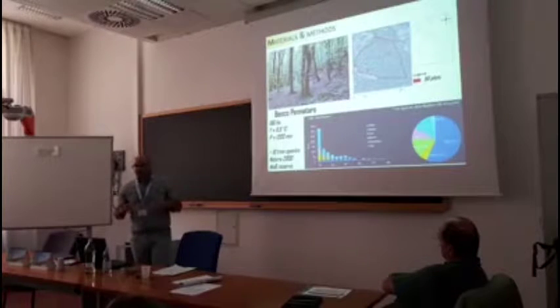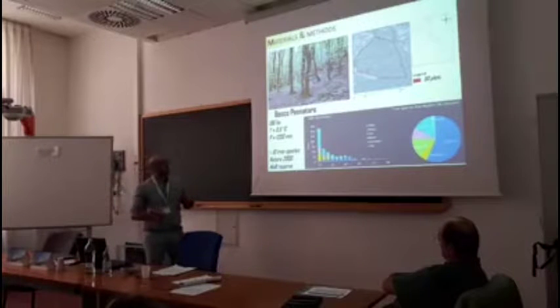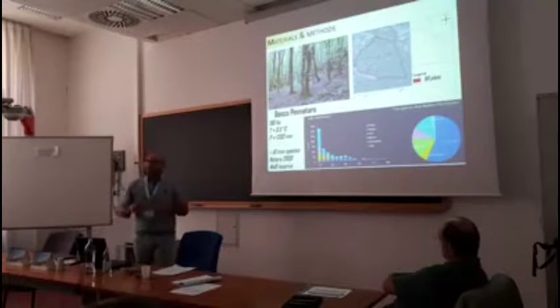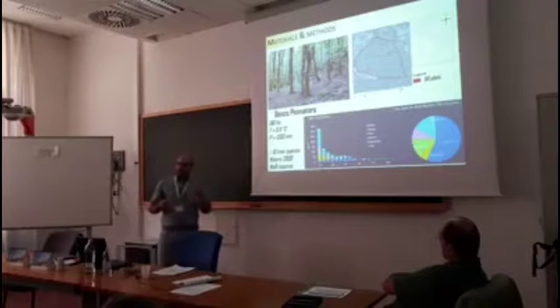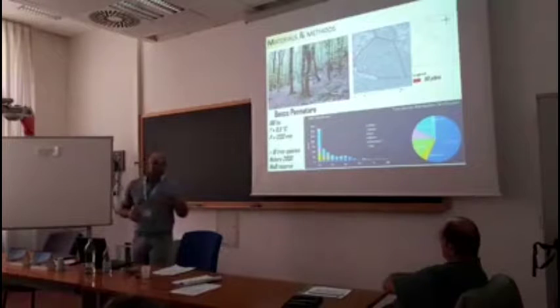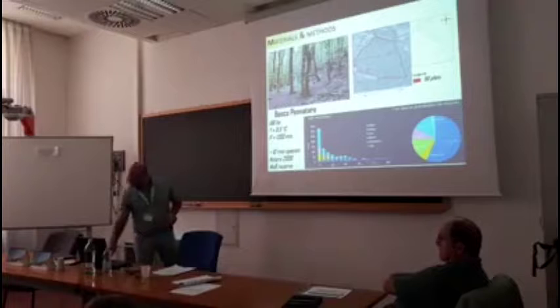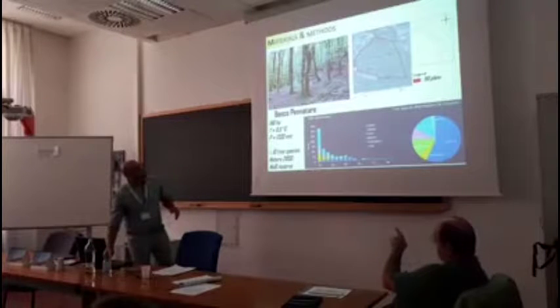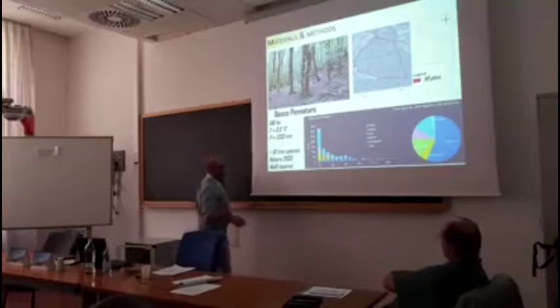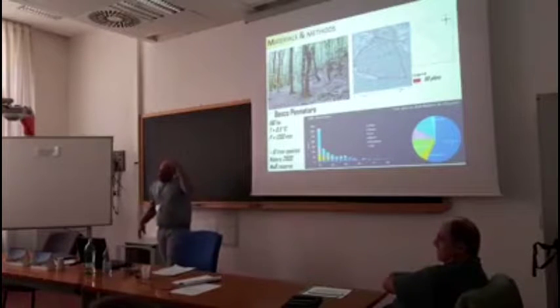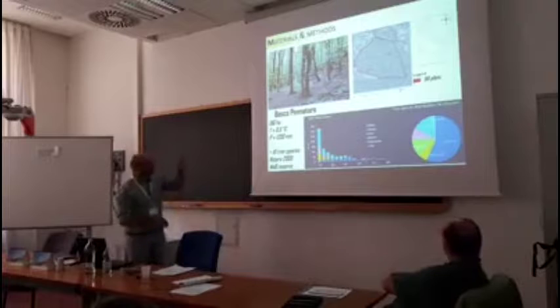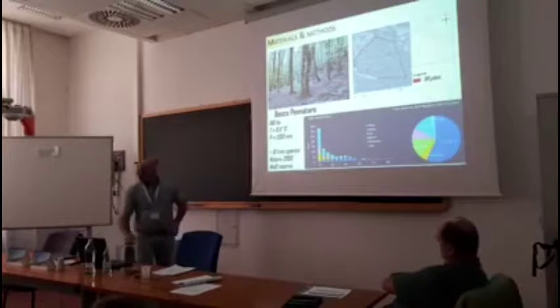Then these pixels, as my colleague presented in the last presentation, were clustered in 50 clusters, and then one cell of these 50 clusters was selected for collecting forest inventory data. This is also relevant for the ecological role of the forest, because there are more than 10 tree species. It is a mixed and multi-layered forest with several styles of forest.